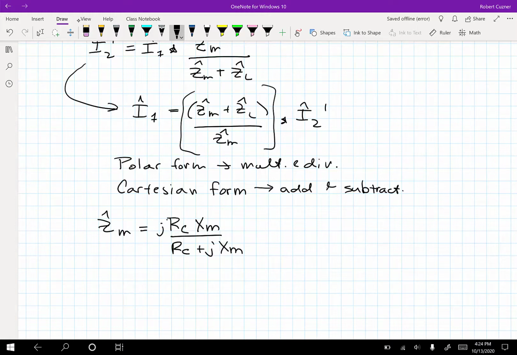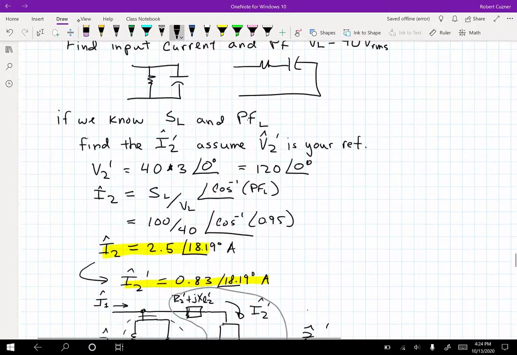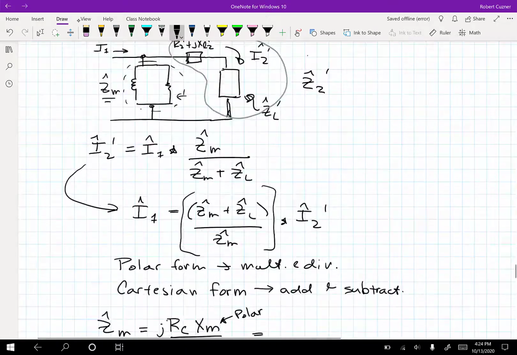So we should probably come up with a polar and a scalar form of this. On the top, I've got polar. I'm going to have to convert the bottom to polar to do this efficiently.